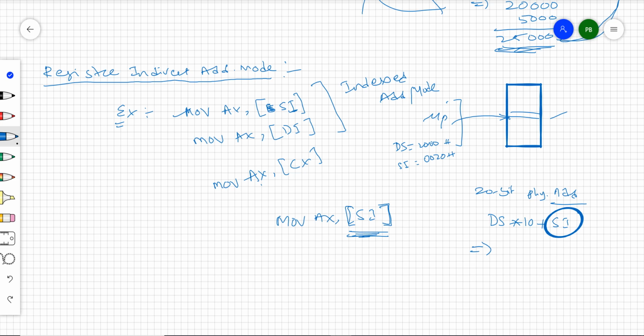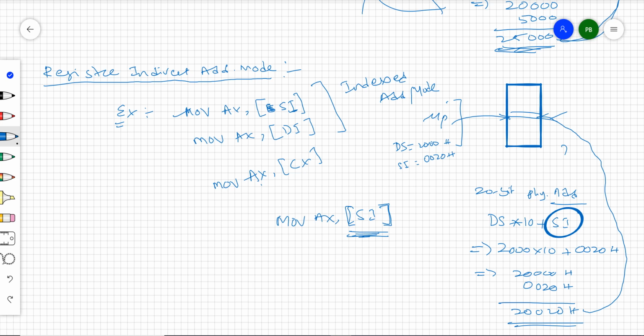While executing this instruction, the processor calculates 2000 into 10 plus 0020H, that is 20000H plus 0020H, giving 20020H. This becomes the 20-bit physical address to access one location in the external memory, and whatever data is present there will move to the AX register.